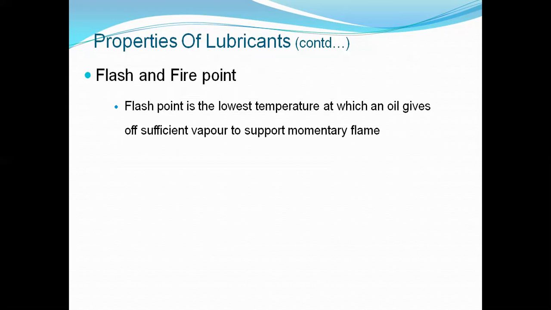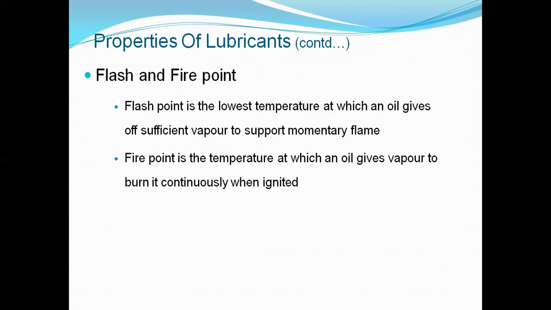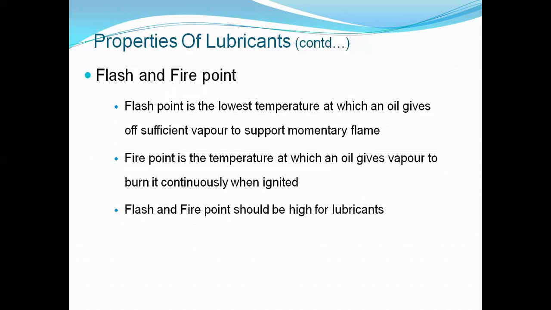Next, flash and fire point. Flash point is the lowest temperature at which an oil gives off sufficient vapor to support a momentary flame. Fire point is the temperature at which an oil gives off vapor to burn continuously when ignited. Flash and fire point should be high for lubricants. Why should it be high? Because lubricant is applied at mating parts, right? Due to the mating and moving parts, the friction may increase.